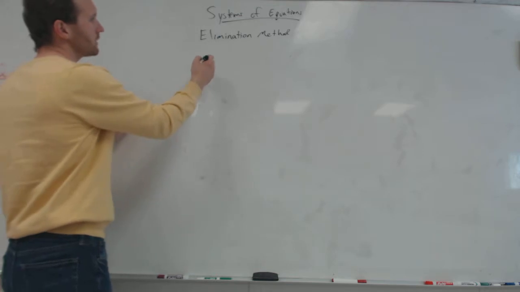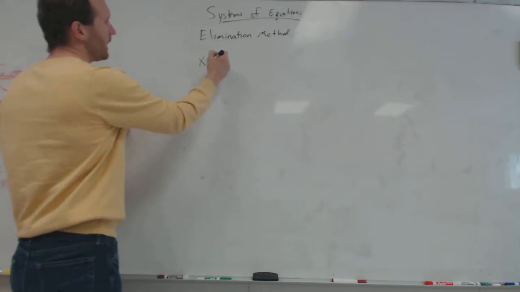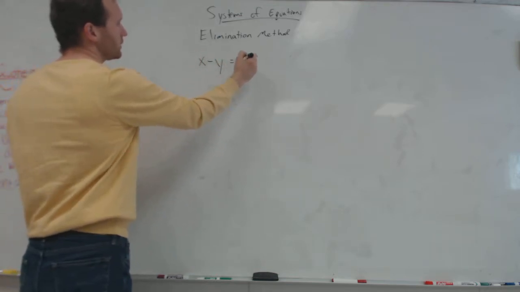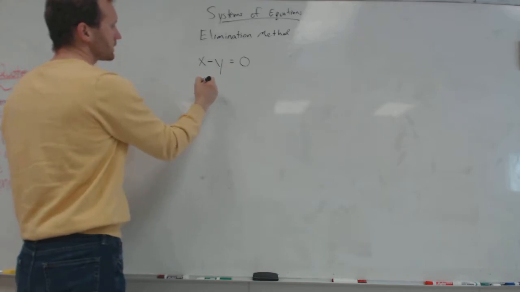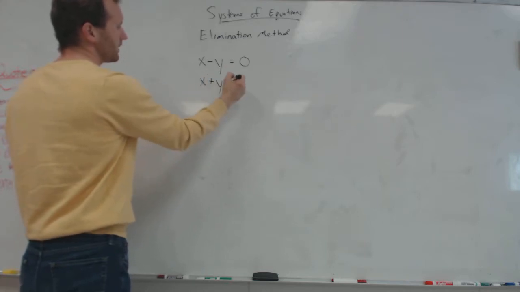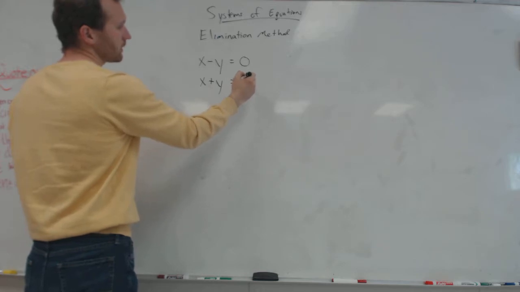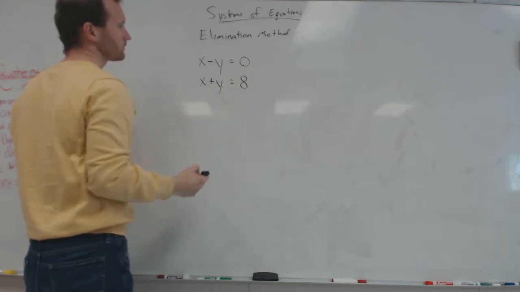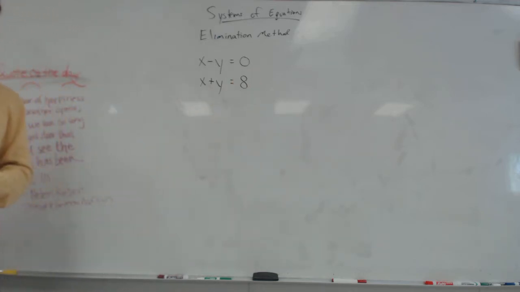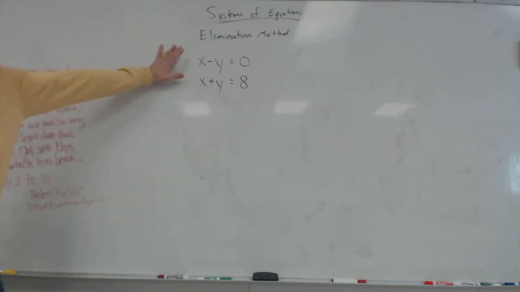So let's say we had two equations, like x minus y equals 0, x plus y equals 8. Let's say those are my two equations. I don't have, at least not right away, an x equals or a y equals.